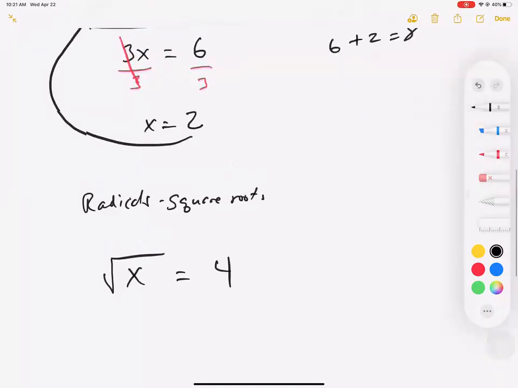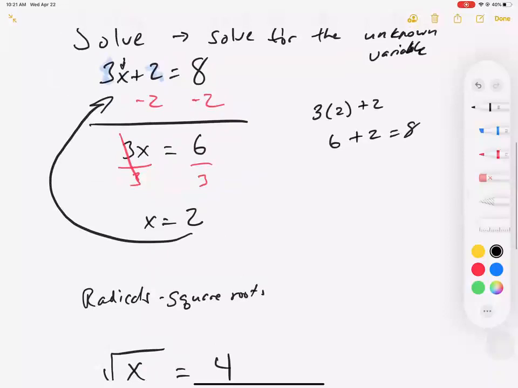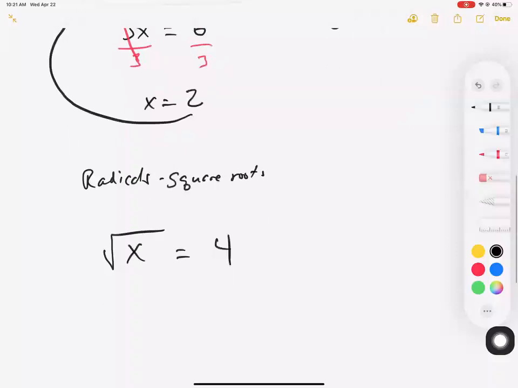Now, looking back at our last question, every operation for us had an inverse operation, an undo operation. Our undo operation for addition is subtraction. Our undo operation for multiplication is division, right? And our undo operation for a square root is going to be a square.